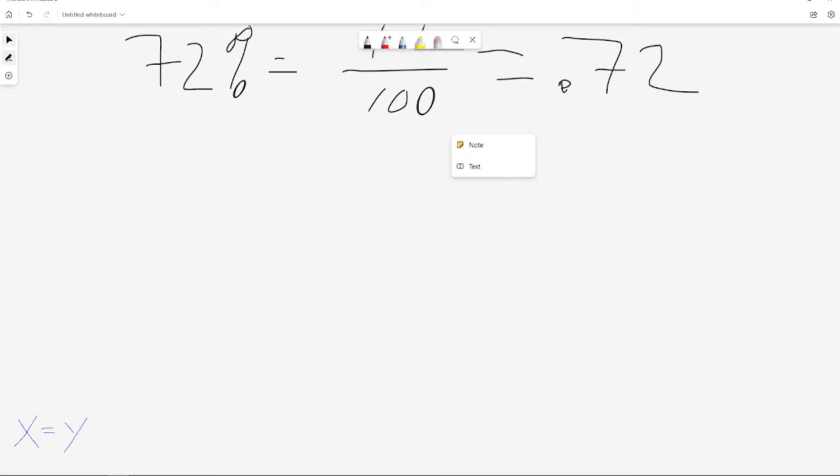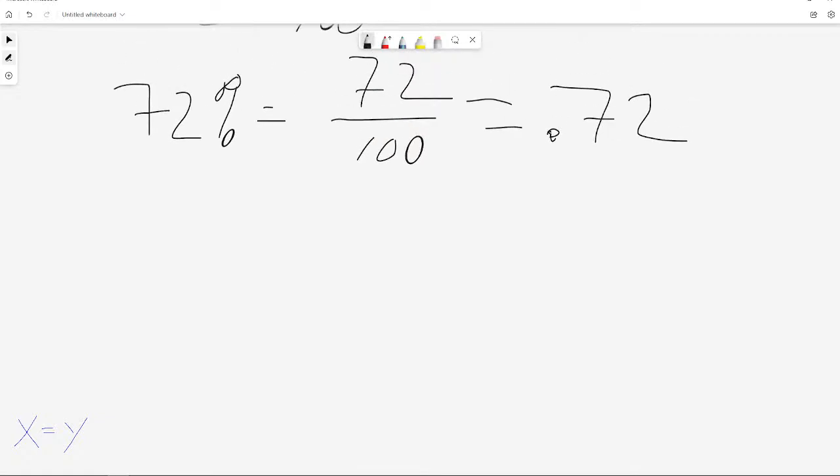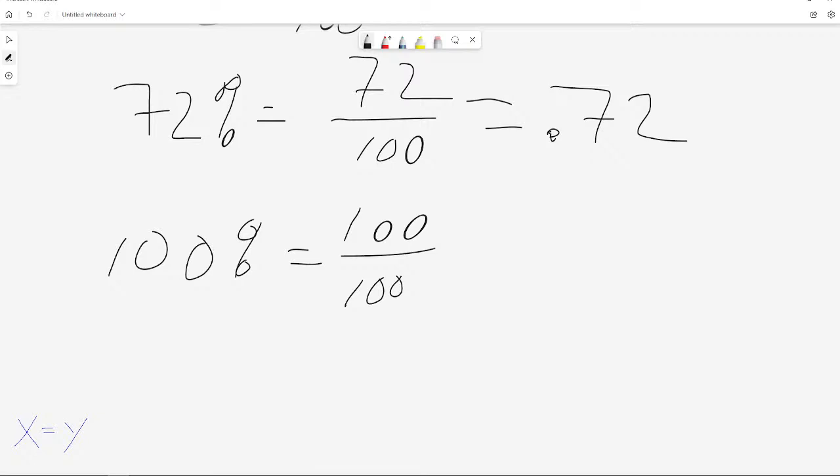Now what about 100%? That's equal to 100 over 100 equals 1. Kind of like what I was just saying.